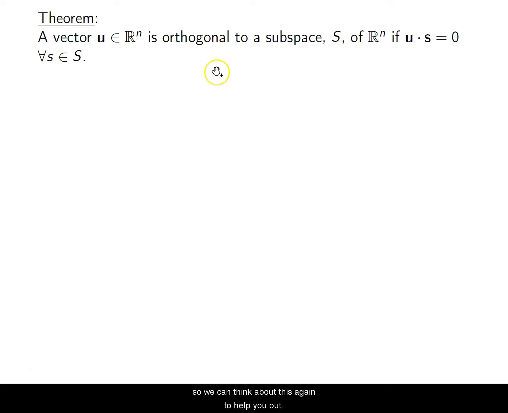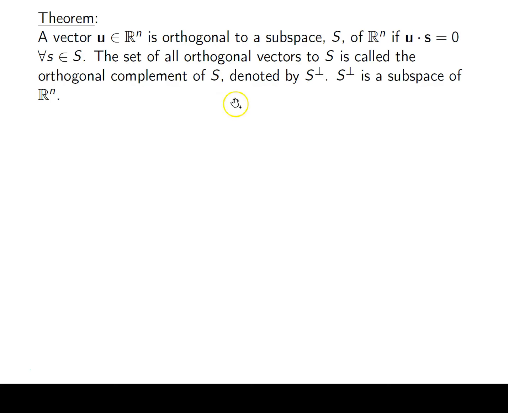Let's think about this again. I actually have a picture to help you out here. If I have a vector, and it has a dot product of 0 with every vector that is in a subspace, then that vector is orthogonal to the subspace. Okay, so that's the first part.